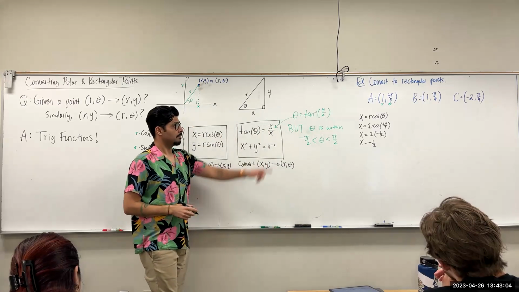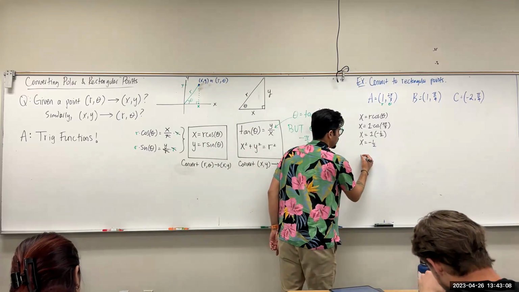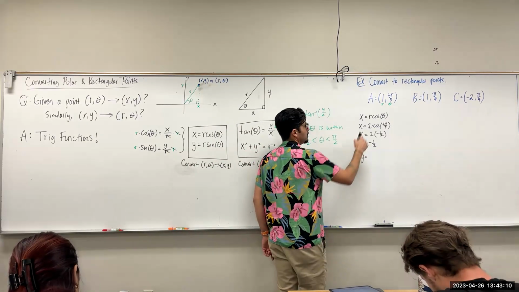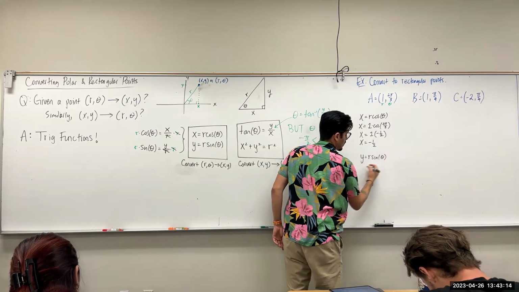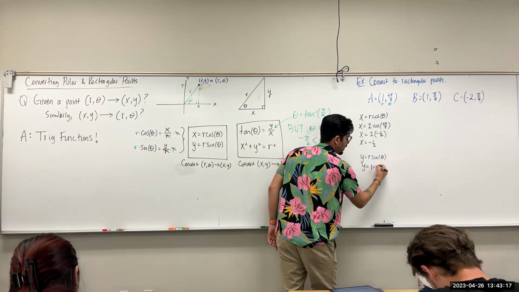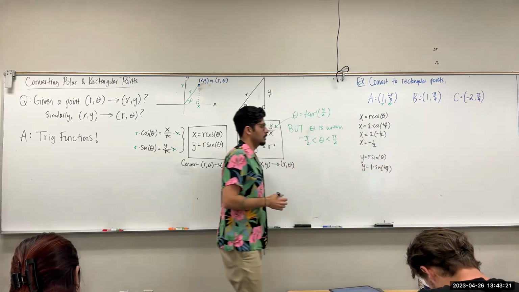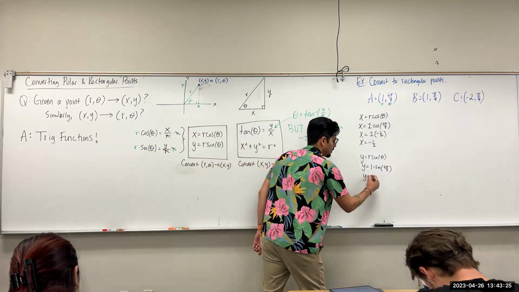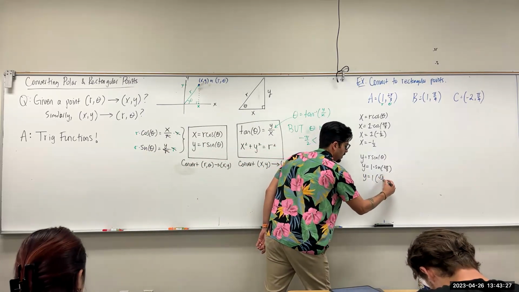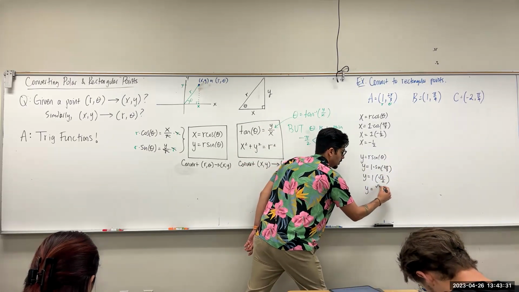That's going to be the x coordinate of that point. Now let's do the y coordinate. Same thing, but now it's sine. So it'll be 1 times sine of the same angle. What's sine of 2 pi over 3? Root 3 over 2. Good job. So that's going to be root 3 over 2 for y.